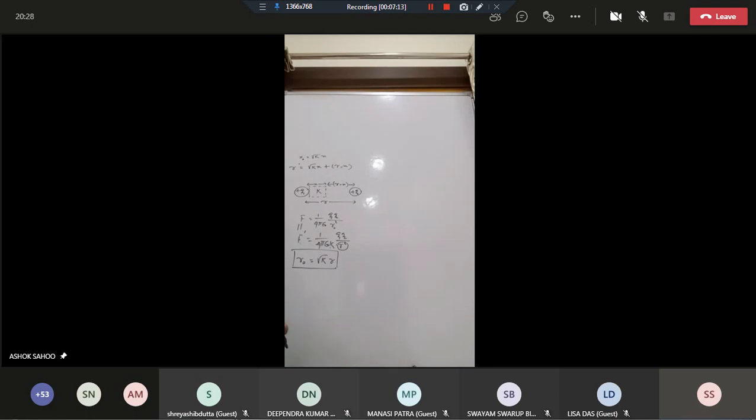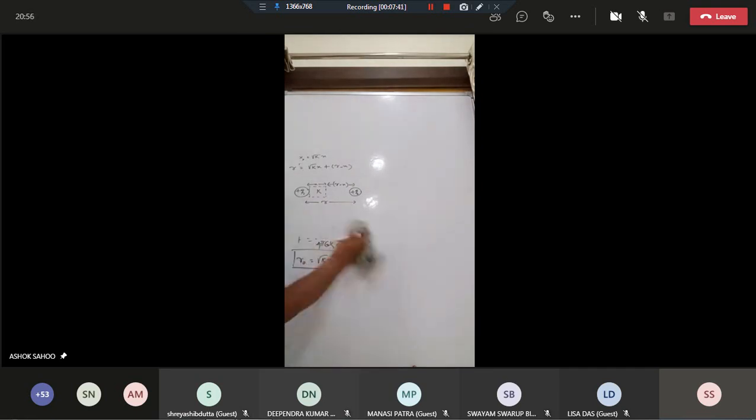First you have to find the equivalent thickness in air of the dielectric slab. Now it is converted to air or vacuum, and this part is also air or vacuum. So the total effective separation between the two charges is root K X plus R minus X.